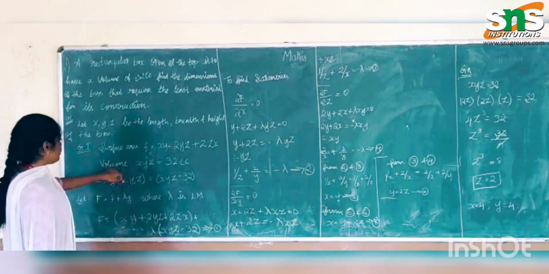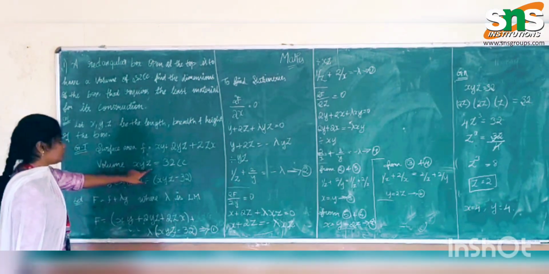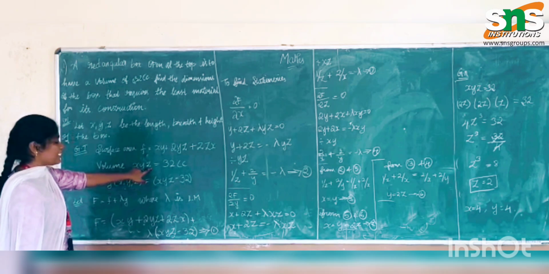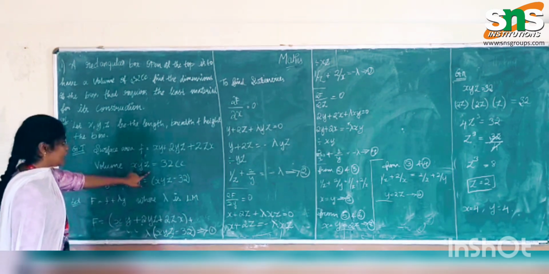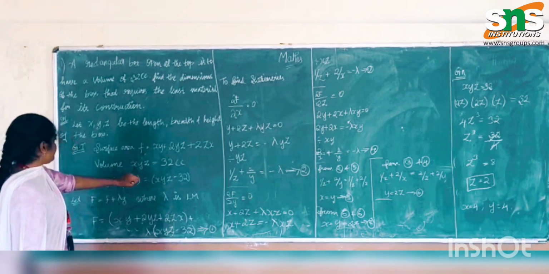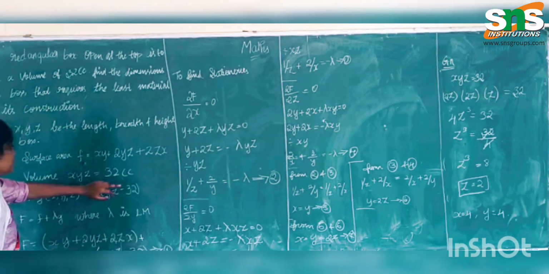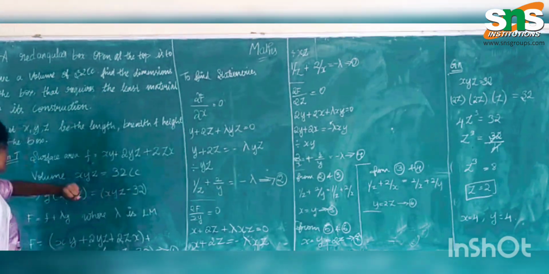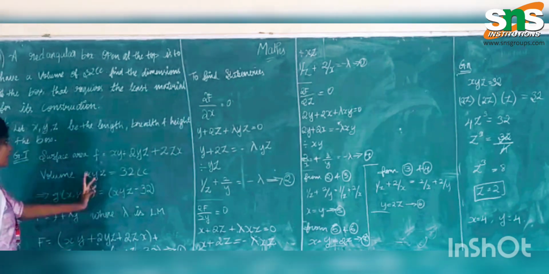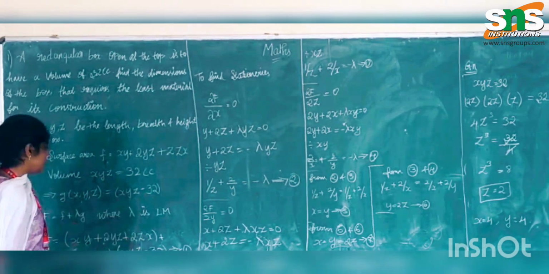We need the volume formula, which is length into breadth into height. So we consider x, y, z as the length, breadth and height. They have given 32 cc, so we take this 32 as the left hand side. It will become x into y into z minus 32.